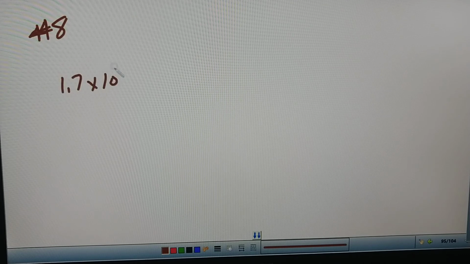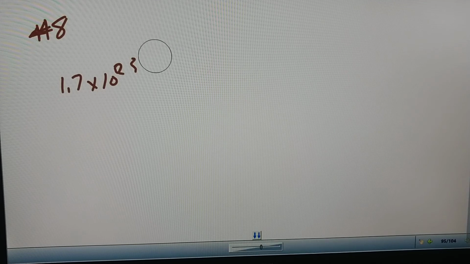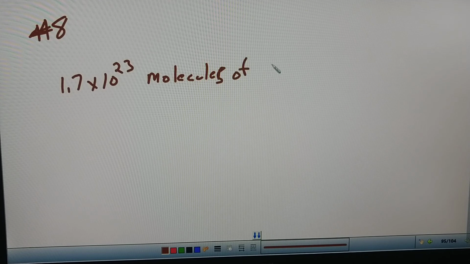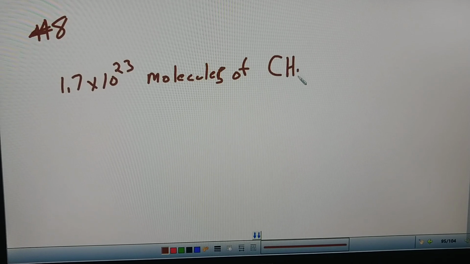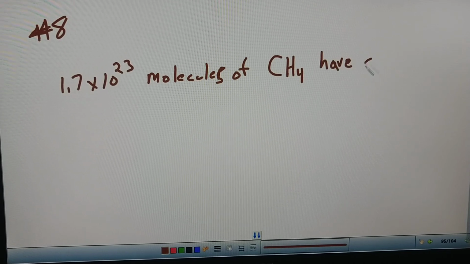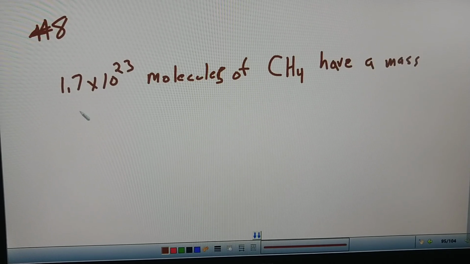1.7 times 10 to the 23rd, I apologize, times 10 to the 23rd molecules of natural gas or methane have a mass of blank grams.